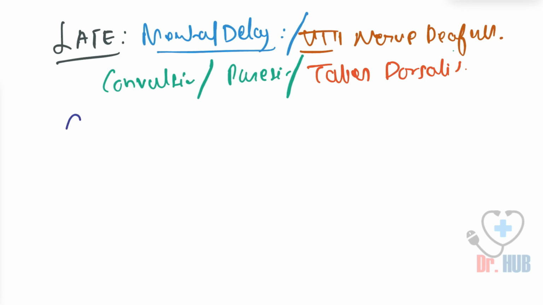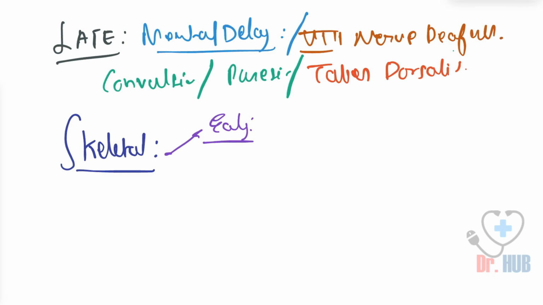Next, we are looking at the skeletal. Under skeletal, we look at early. Under skeletal early, this includes periostitis. Next, we also have osteochondritis.